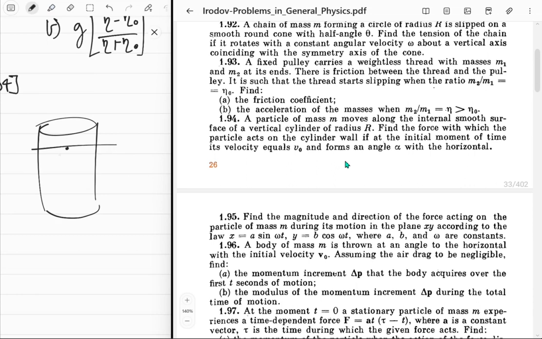Then it's going like this, I guess, at alpha with the horizontal. It's going down, I think, or is it going up? We can't be sure. Okay, it makes an angle alpha with the horizontal.